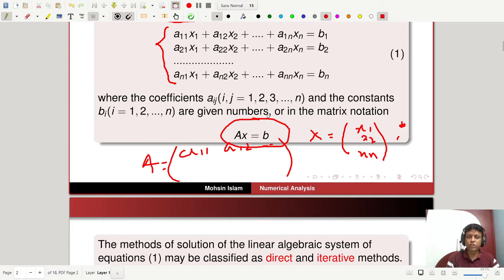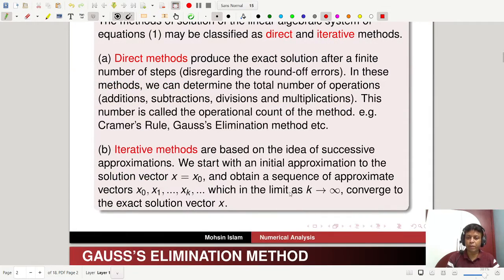X is the unknowns, x1, x2, xn. Your approximation to the solution vector is x equal to x naught, and we obtain a sequence of approximate vectors x naught, x1, xk, etc., which in the limit as k tends to infinity converges to the exact solution vector x. So these are iterative methods.